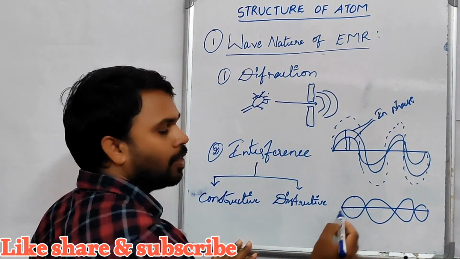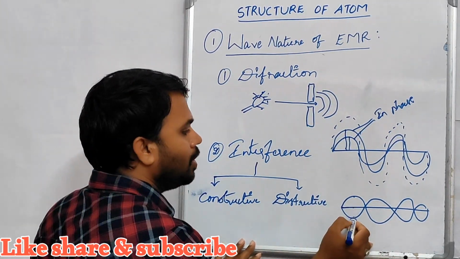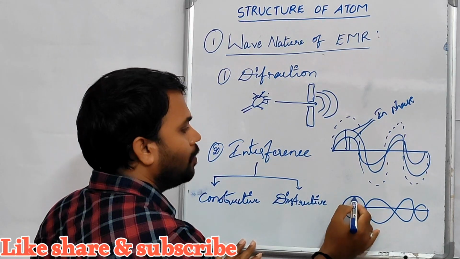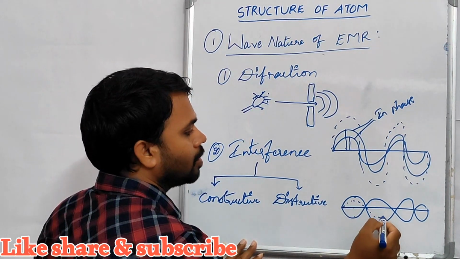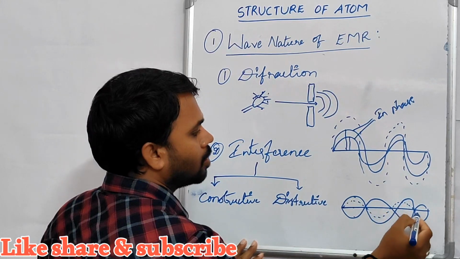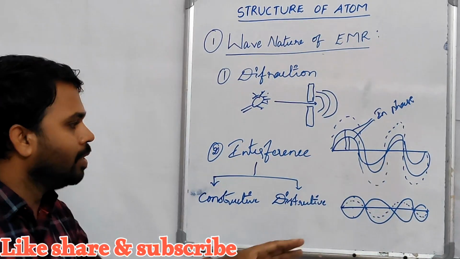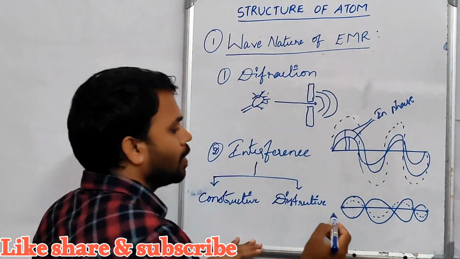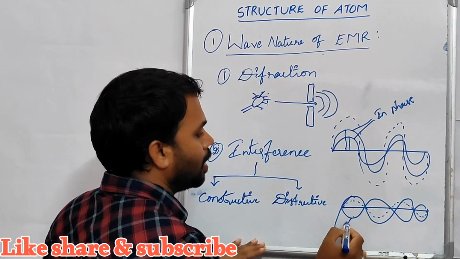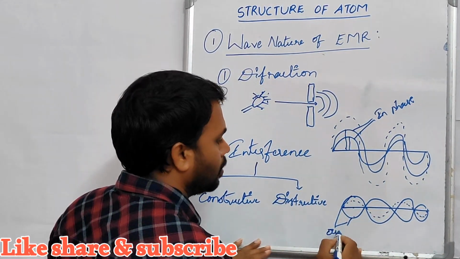This is the trough of another wave. Because of this trough, the height of this crest decreases. The resultant wave is like this. The decrease of this wave is called destructive interference. These two waves are called out of phase.